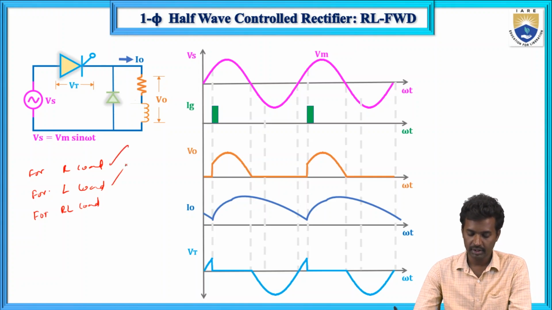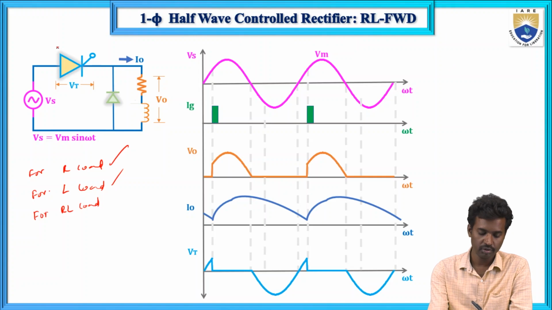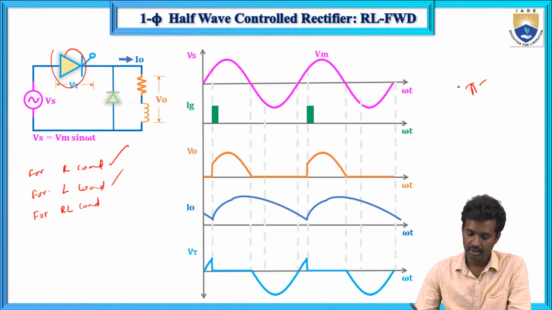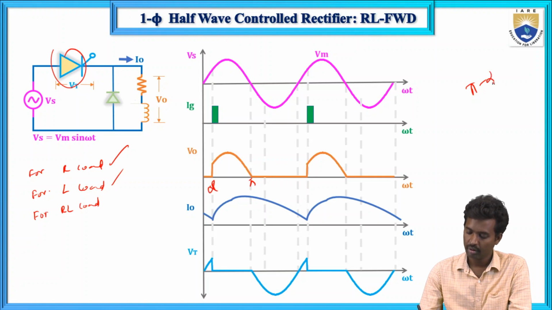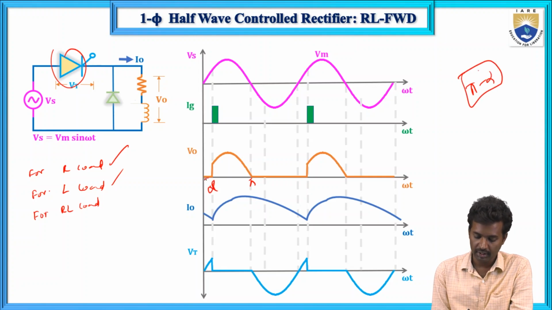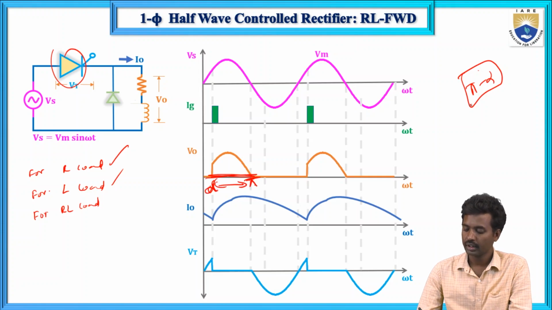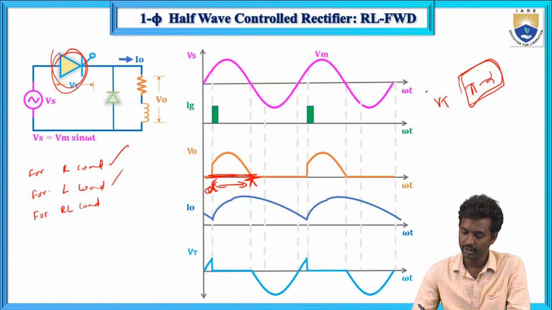Now, the conduction angle of the thyristor here is pi minus alpha. The conduction angle of this thyristor is also pi minus alpha.